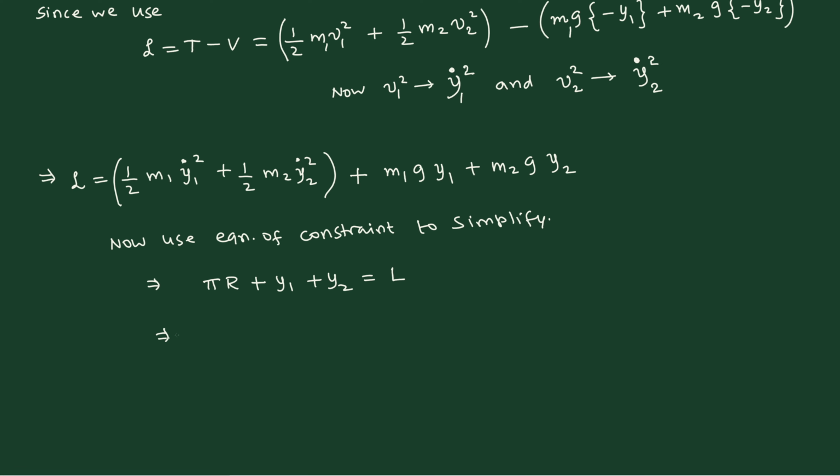Differentiate this with respect to time, we will be getting 0 plus y1 dot plus y2 dot equal to 0, because L is a constant. That is why right hand side has become 0. So this gives you that y1 dot will be equal to minus of the y2 dot.